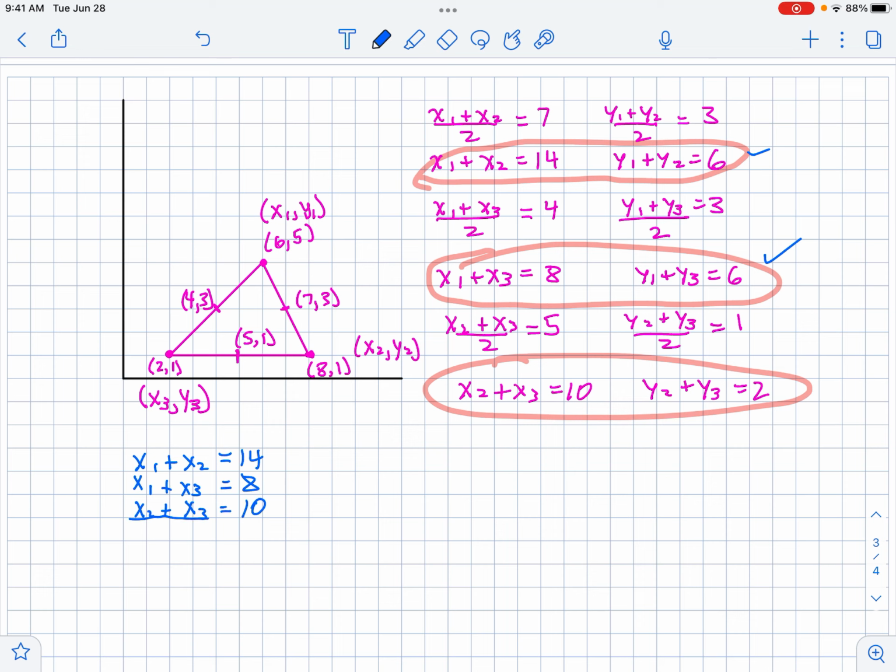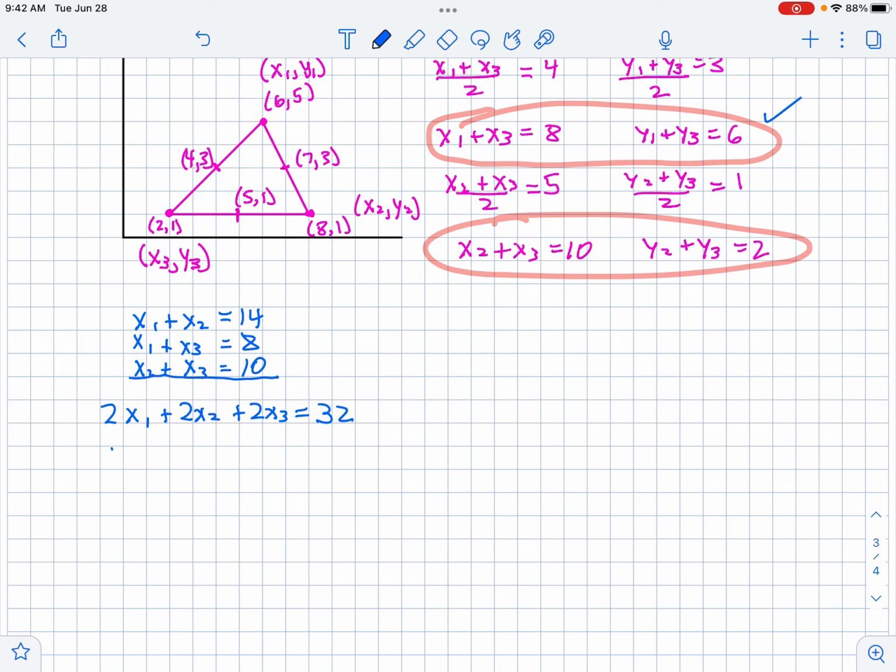Now let me add these together and let's see what we get. Notice there are 2 x1s, 2 x2s, and 2 x3s. So we get 2x1 plus 2x2 plus 2x3 equals, if I add all of these up, 32. Every single time we do this, we're going to get 2x1 plus 2x2 plus 2x3, and then 14 plus 8 plus 10 is how I get the 32. Now, let me divide out the 2's. So I get x1 plus x2 plus x3 equals 16.